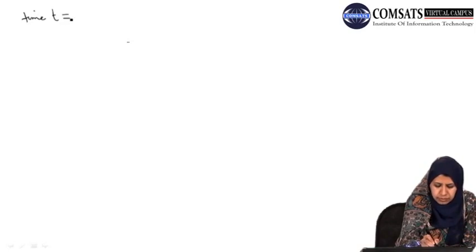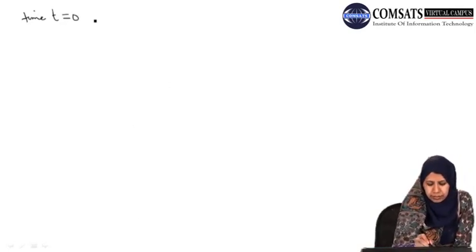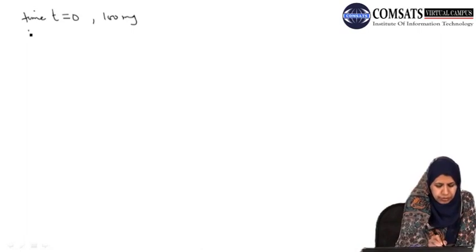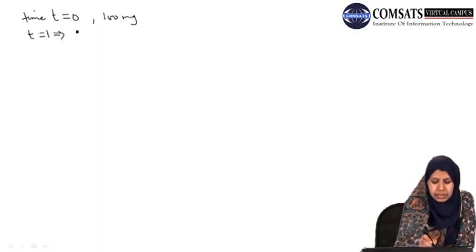If we say that time t is equal to 0, the amount is 100 mg. Okay. After 3 hours, if we say t is equal to 1, basically implies after 3 hours.